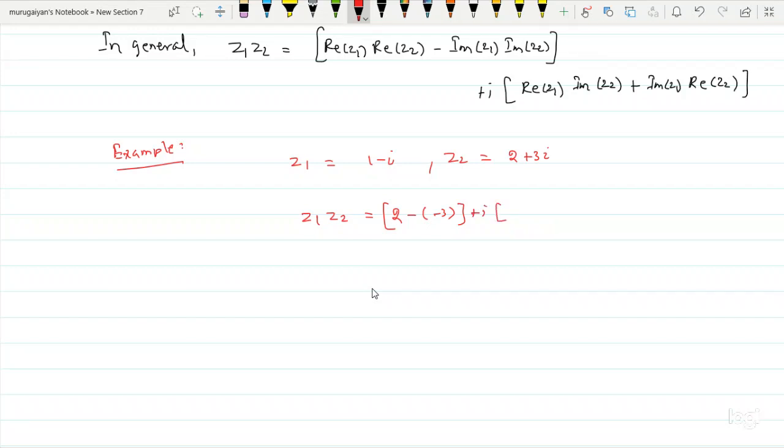Here the real part is on one side, the other side is the imaginary part, a mixed multiplication. 1 will multiply 3 and 2 will multiply minus 1, with i already taken as a common factor out of the bracket. So 1 into 3 is 3, and 2 into minus 1 is minus 2. Then z1 z2 is 5 plus i.